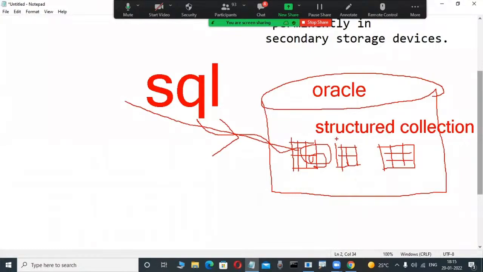But MongoDB and those types of databases are different. SQL is not there; there is no SQL. It uses JavaScript-type languages. But SQL is a separate language, through which we operate on data in these types of databases.